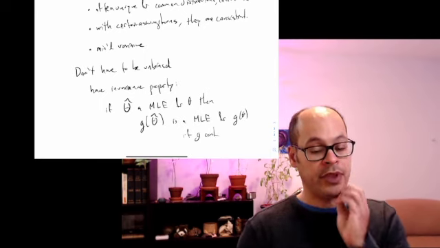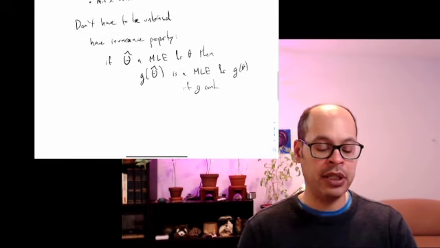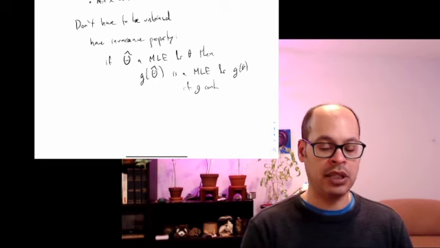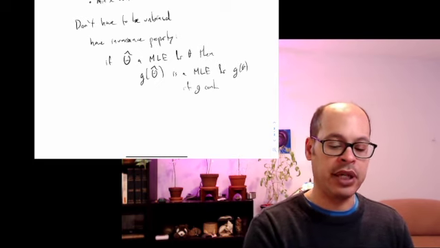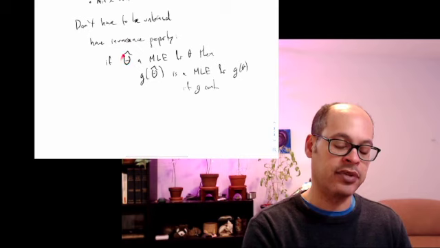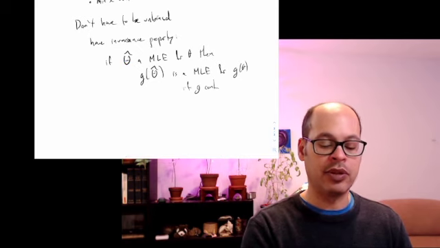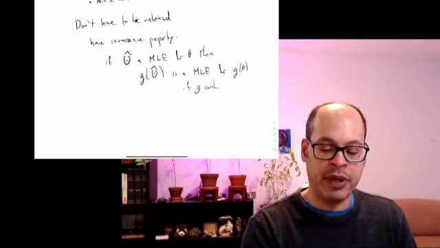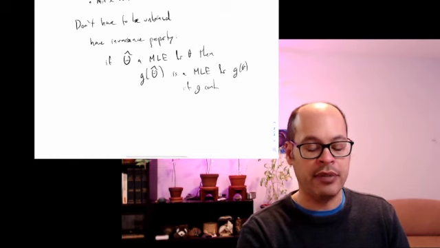So, as we've seen, it's typically the case that if you have an unbiased estimator for some parameter theta, then a function of it will very often be biased as an estimator for the function of theta.